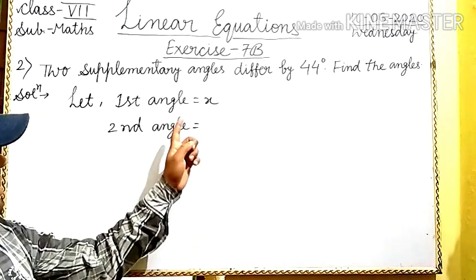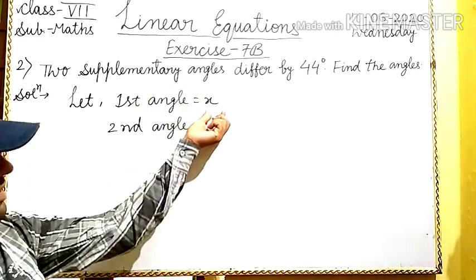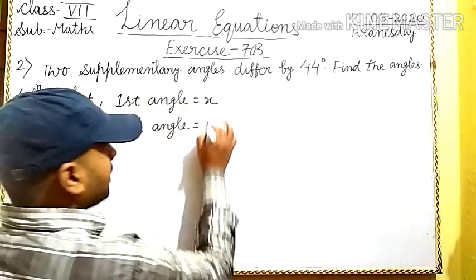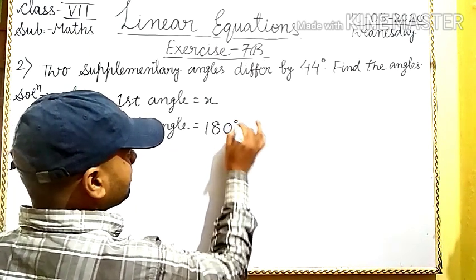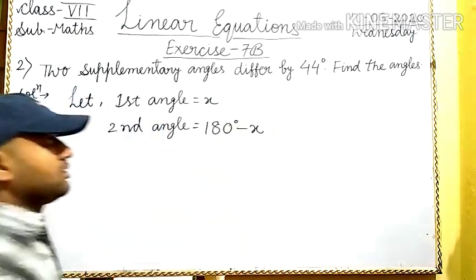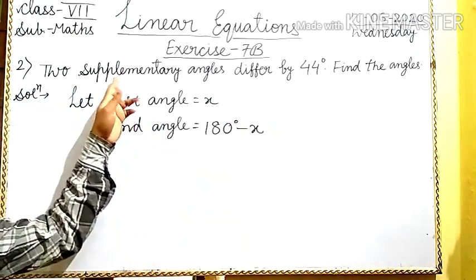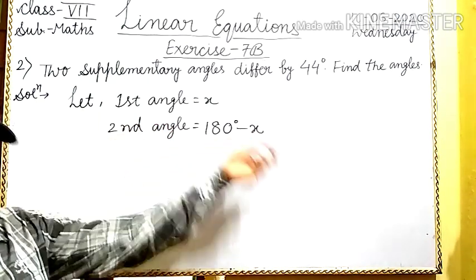The first angle in supplementary angles is X. The second angle, write 180 minus X. Same in the case of complementary angles, it is 90 minus X.